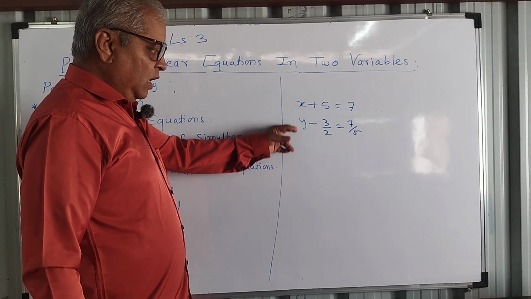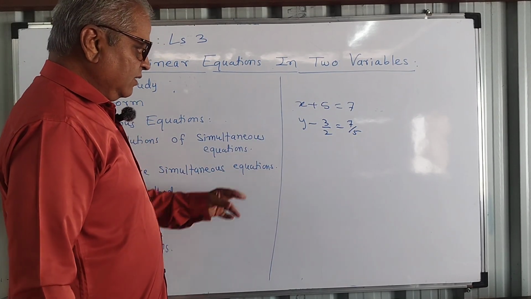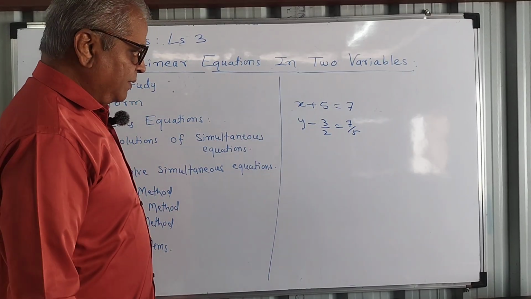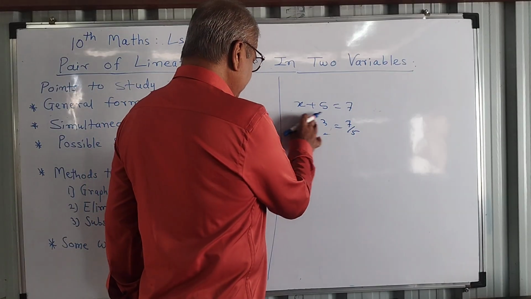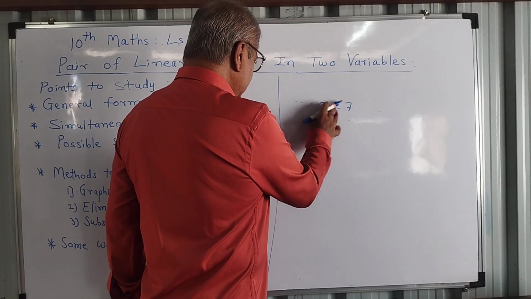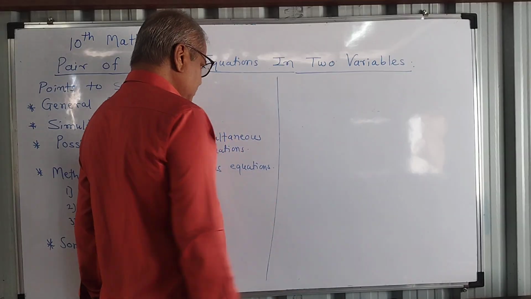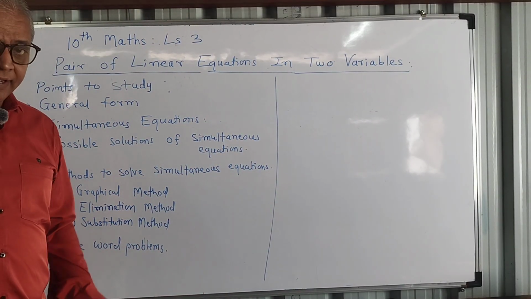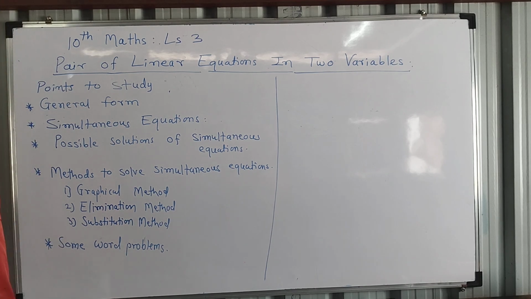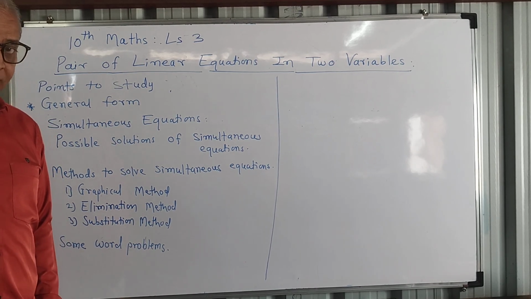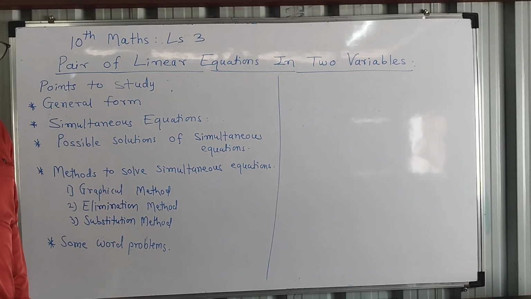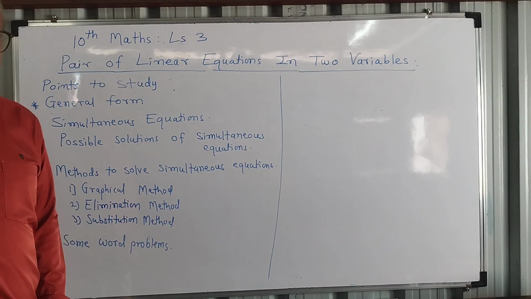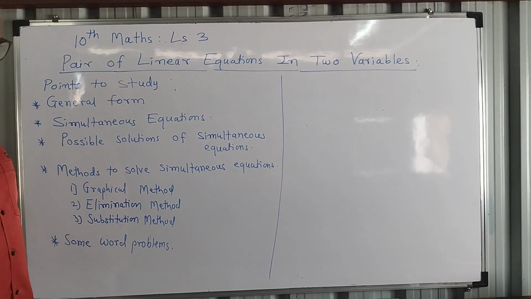Here if you solve these equations, you will get the value of variable x and here the value of variable y. But in this lesson we will study linear equations in two variables. So linear means what? Linear means the equation in which the power of each variable has to be 1. Then only it is a linear equation, and it has to have two variables, then it will be a linear equation in two variables.